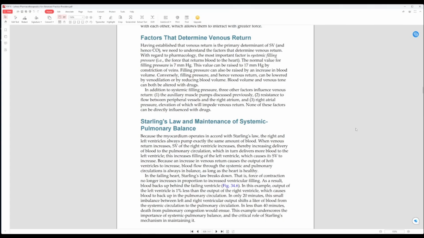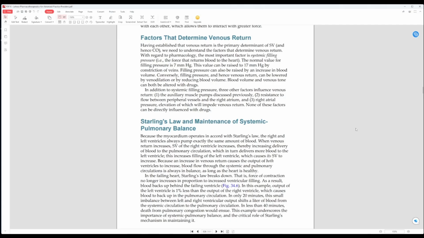So, there are several factors that determine venous return. Having established that venous return is the primary determinant of stroke volume, we need to understand the factors that determine venous return. With regard again to pharmacology, the most important factor is systemic filling pressure. The normal value for filling pressure is 7 mmHg.